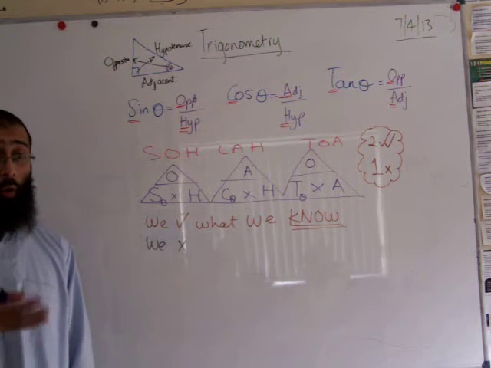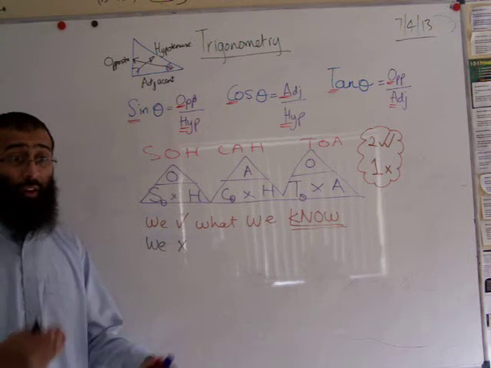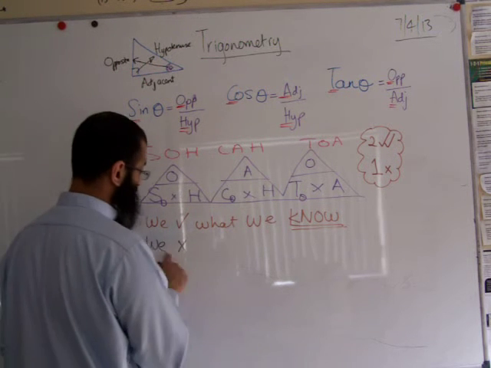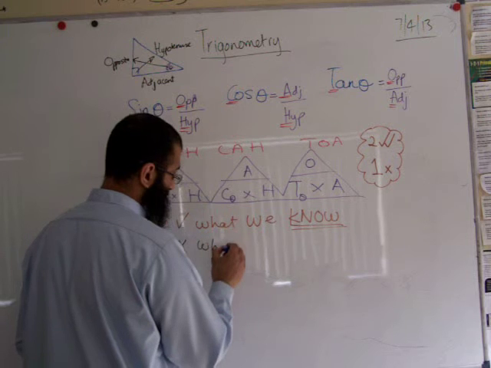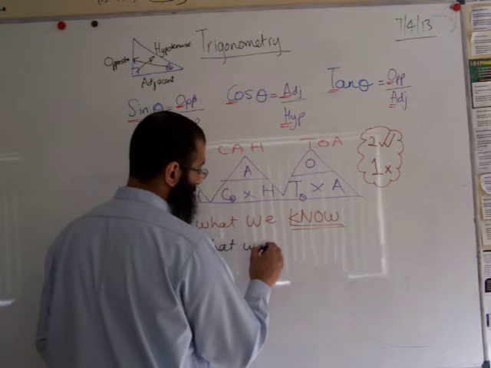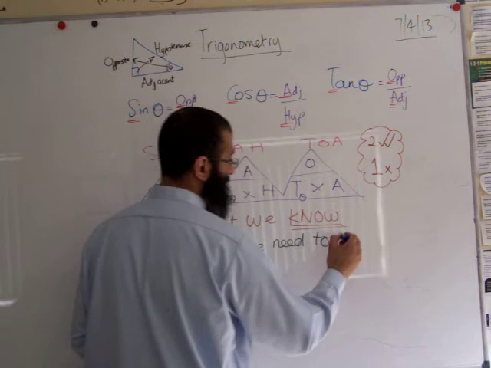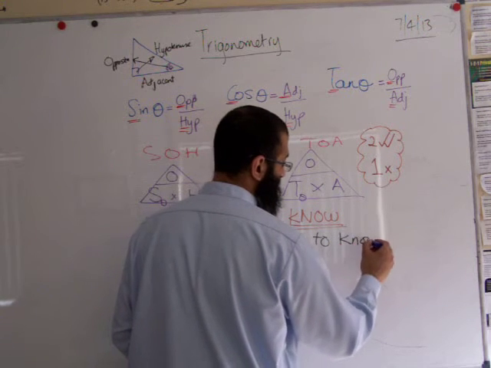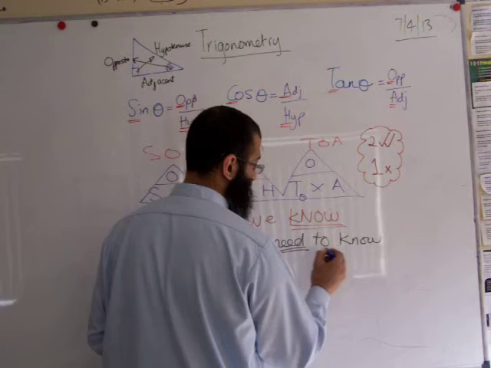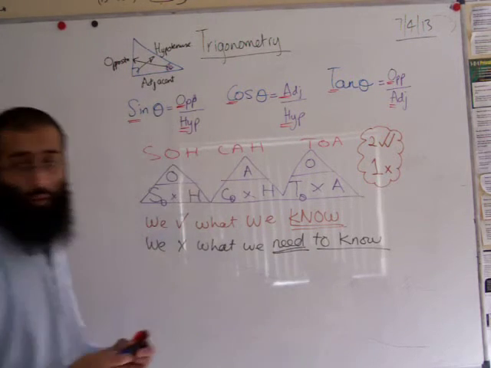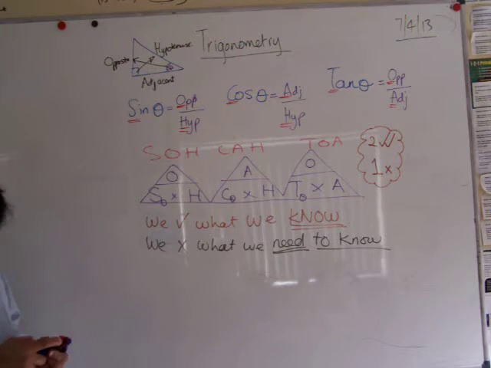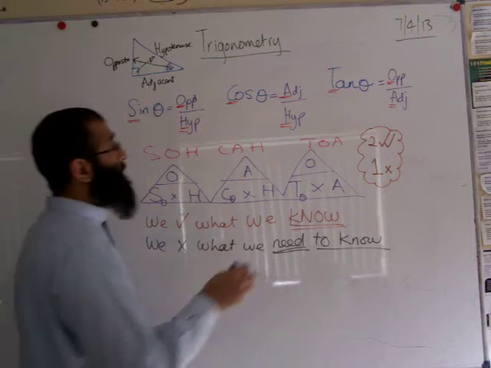We're not trying to work out what we don't know, we're trying to work out what has been specified to us. So remember that, and the rule is 2 ticks and a cross.